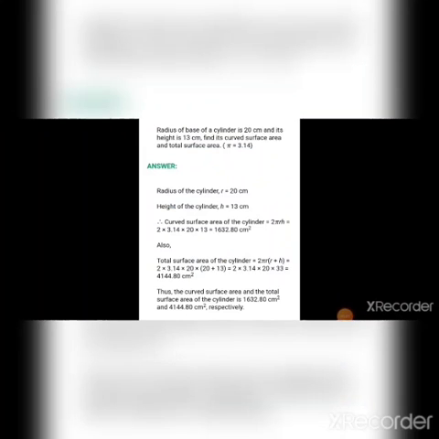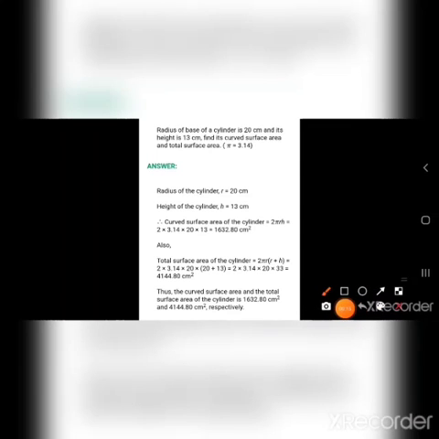Let us have an example of a cylinder. The radius of the base of a cylinder is given as 20 cm and its height is given as 13. Here we have to find its curved surface area and total surface area. Radius is 20, height is 13, curved surface area is 2 pi r h, means 2 into pi value into r into h.